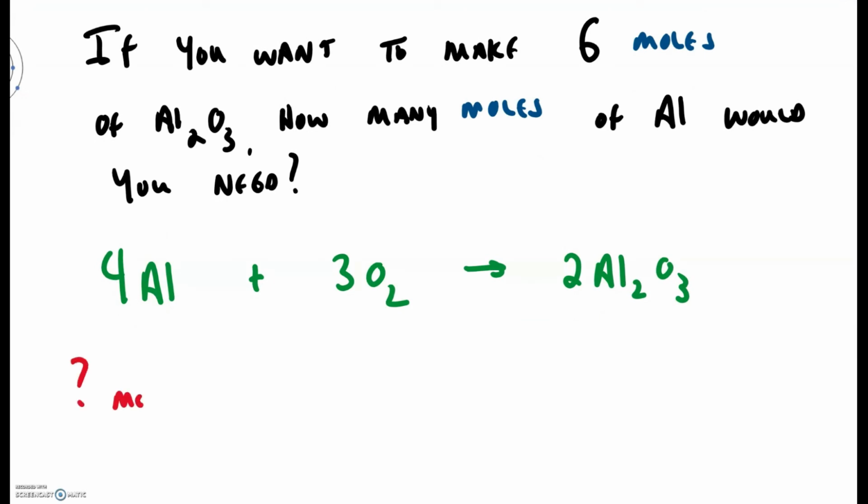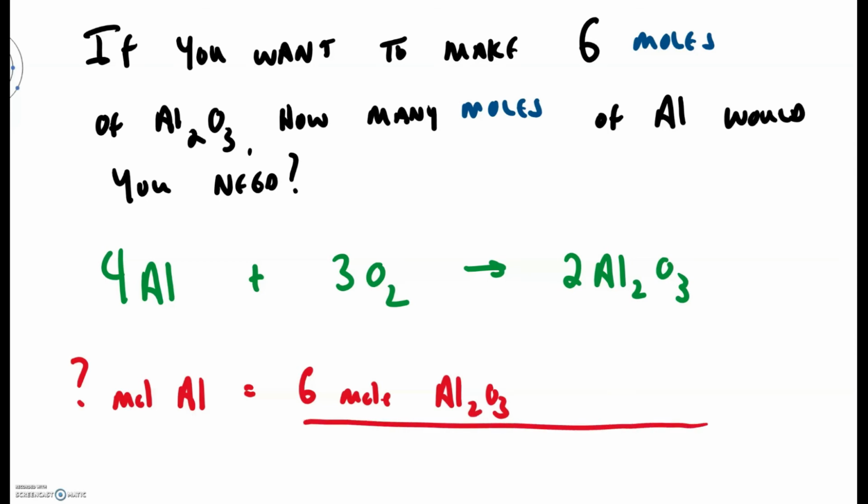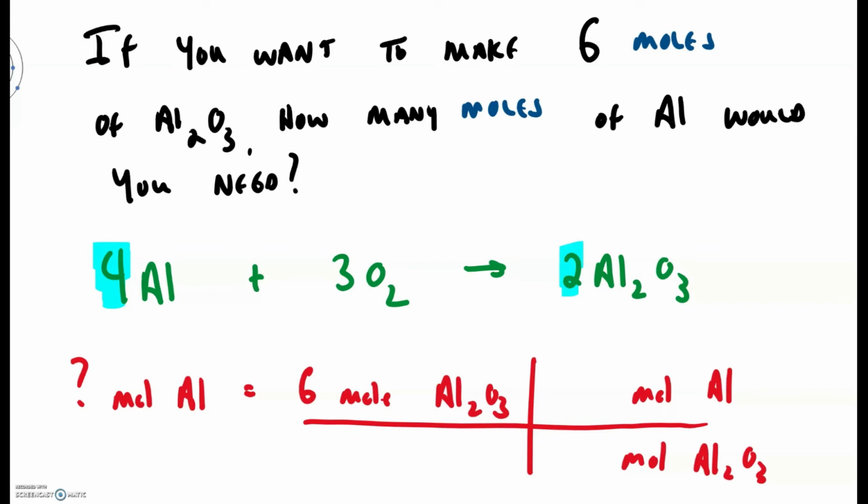So, how many moles of aluminum would you need to make 6 moles of aluminum oxide? Here is our old buddy, the conversion factor. We're going to go from what we know, which in this case is moles of aluminum oxide, to moles of aluminum. The ratio from the equation tells us that the ratio of aluminum to aluminum oxide is 4:2.